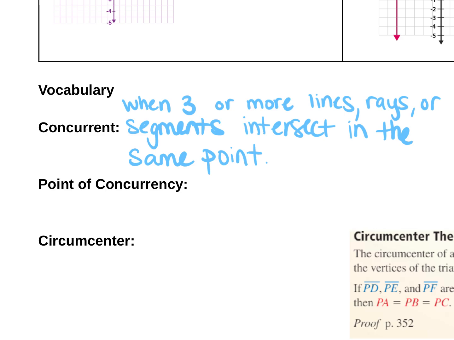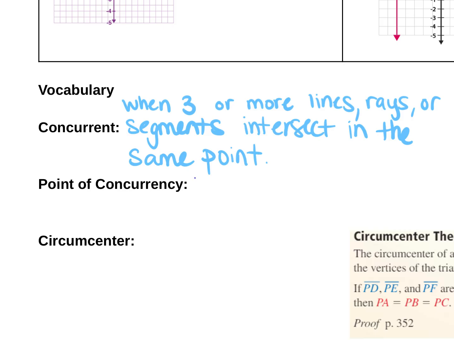Very good. So concurrent is when 3 or more lines, rays, or segments intersect in the same point. What do you guys think the point of concurrency is called? Point of concurrency. Say it again. Kind of. Point of concurrence. The point where all of them meet. Boom. You know what it is, it's just kind of wording it. I get that. So the point where the concurrent lines meet.